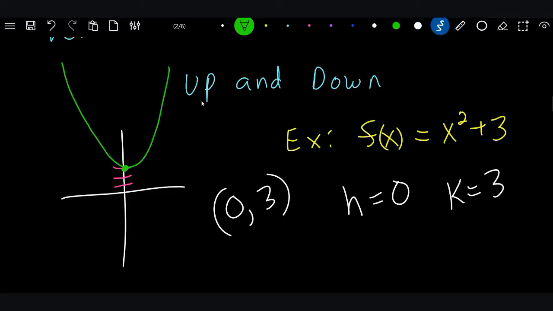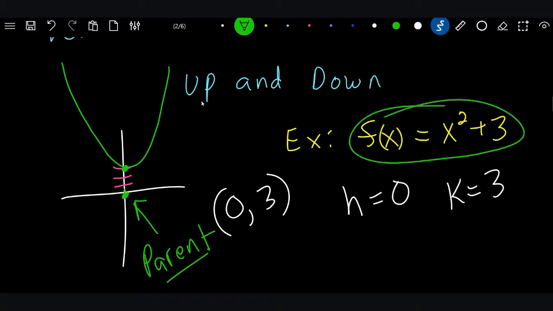What did we do? Well, our vertex used to be down here, right? It used to be at the origin. Remember, this is the parent. On this one, the child, we've moved it up 3 spaces. All right, so that is vertical translation.